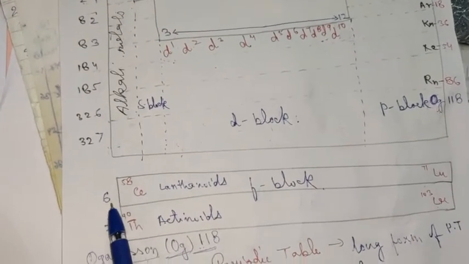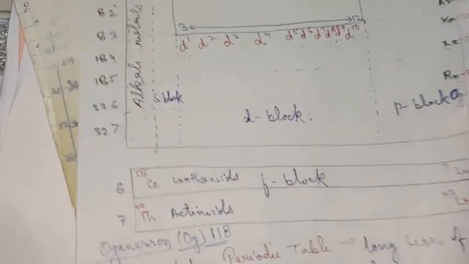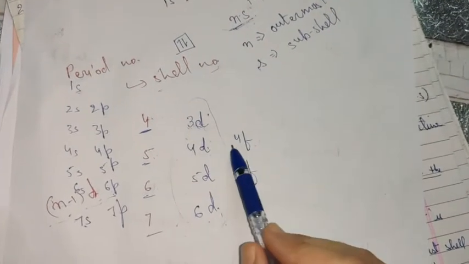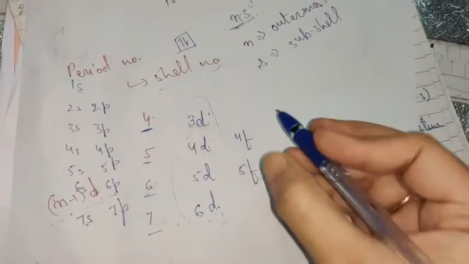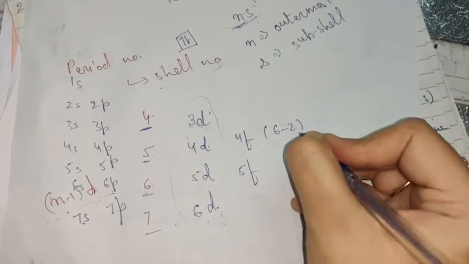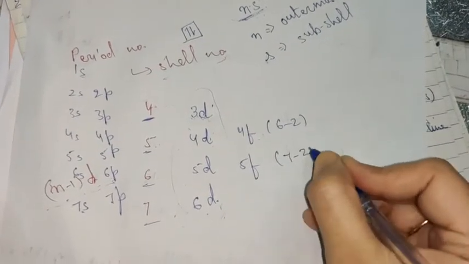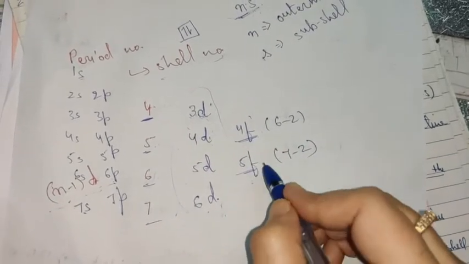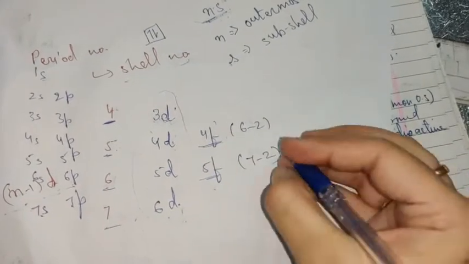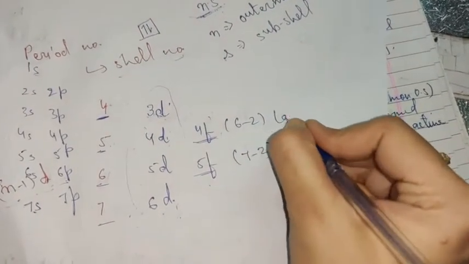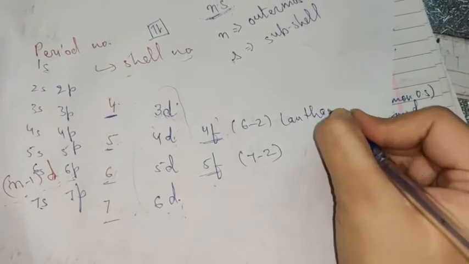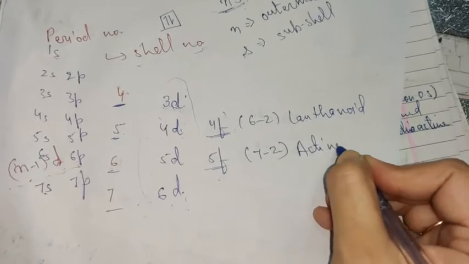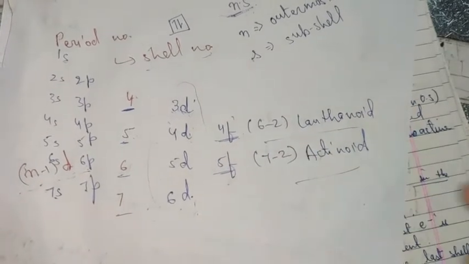Since the last electron is entering n-2, if you subtract 2 from 6, you get 4, so the series becomes 4f. I'm writing it here, 6 minus 2, and here 7 minus 2. So this becomes 4f and 5f. These are the two series coming under the f block elements. This is known as lanthanoid and this is known as actinoid. So do remember this.